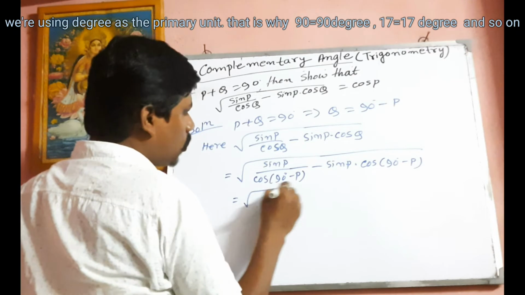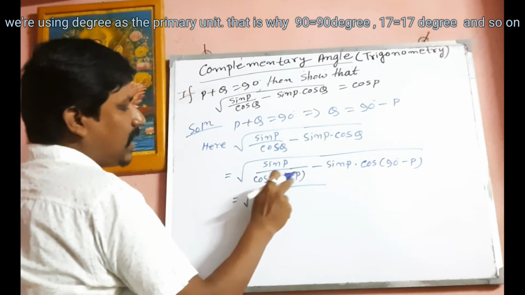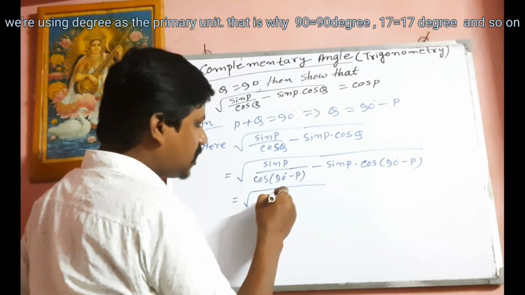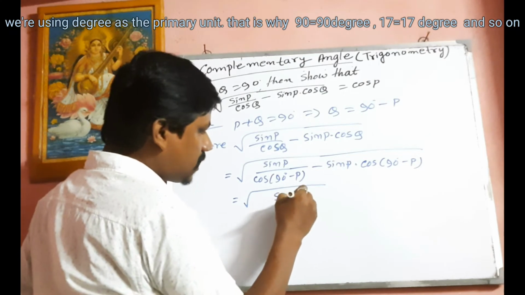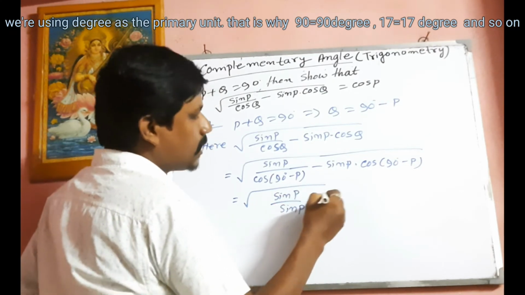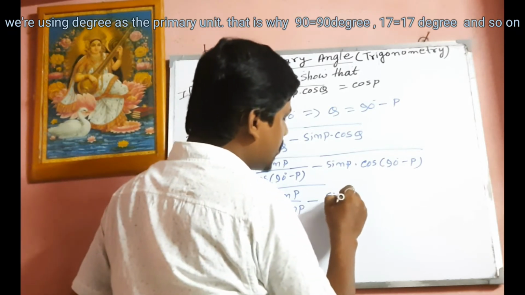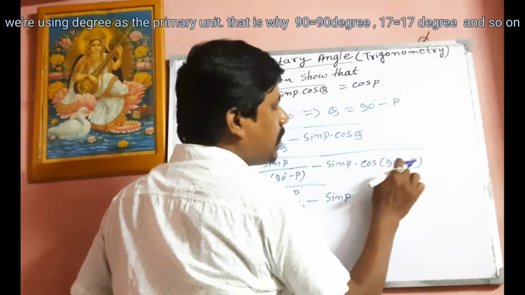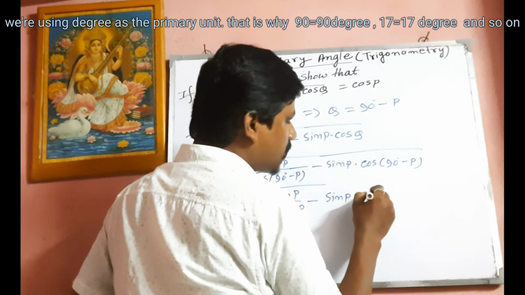Now using the formula cos(90° − θ) equal to sin θ, that is sin p divided by sin p. Similarly, sin p is here and cos(90° − p) means sin p.